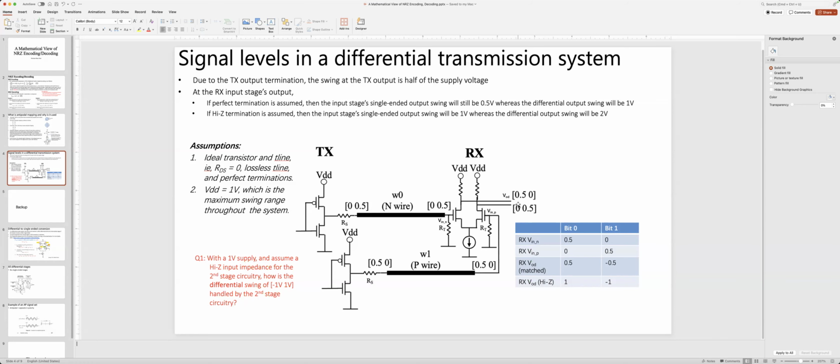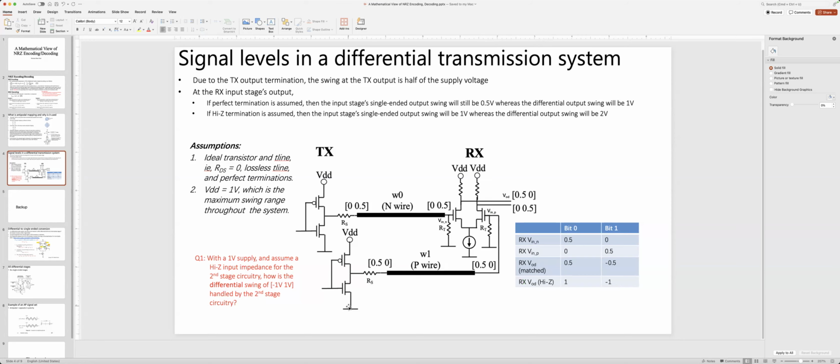A high Z input impedance in the second stage circuitry means there's no impedance match for the output of the first stage circuitry, and therefore the output swing will be rail to rail. If the power supply is 1 volt, then the swing will be 0 volt to 1 volt for each of the P and N wires, right?